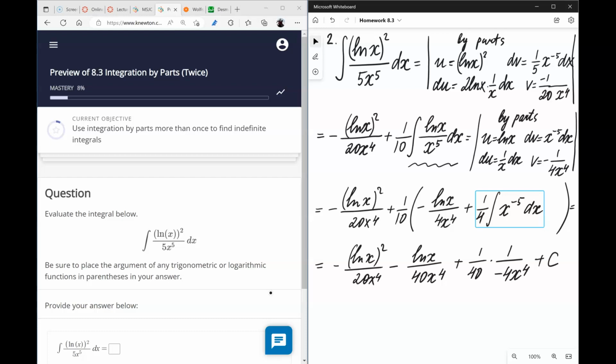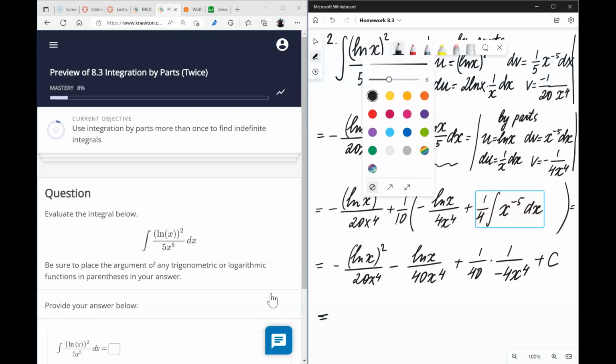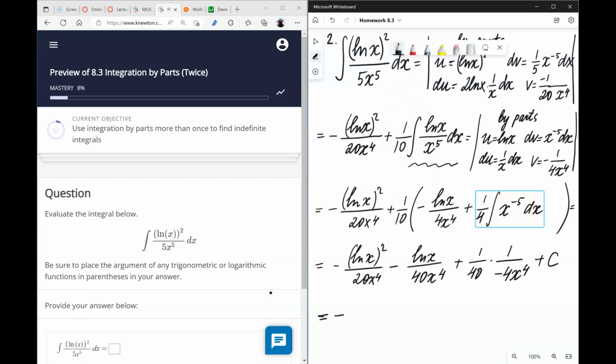So we can take out a lot here. Essentially we can take out the negative 1 over 160 x to the power 4.